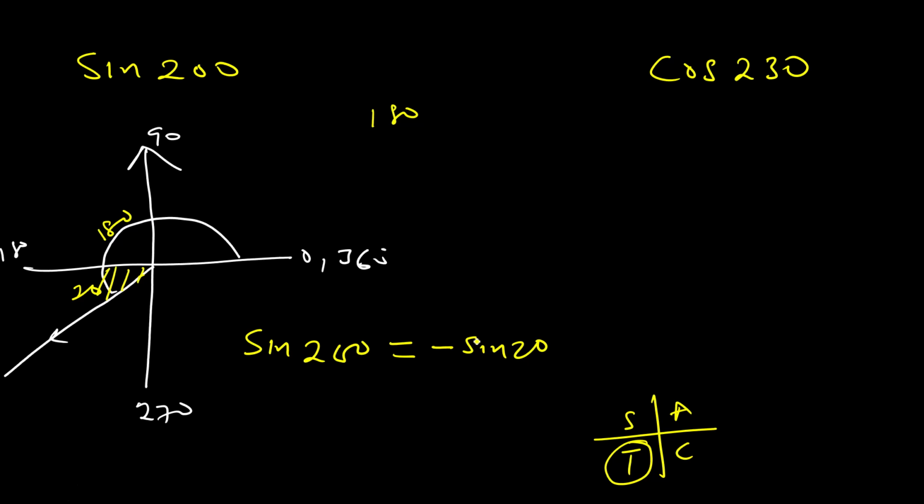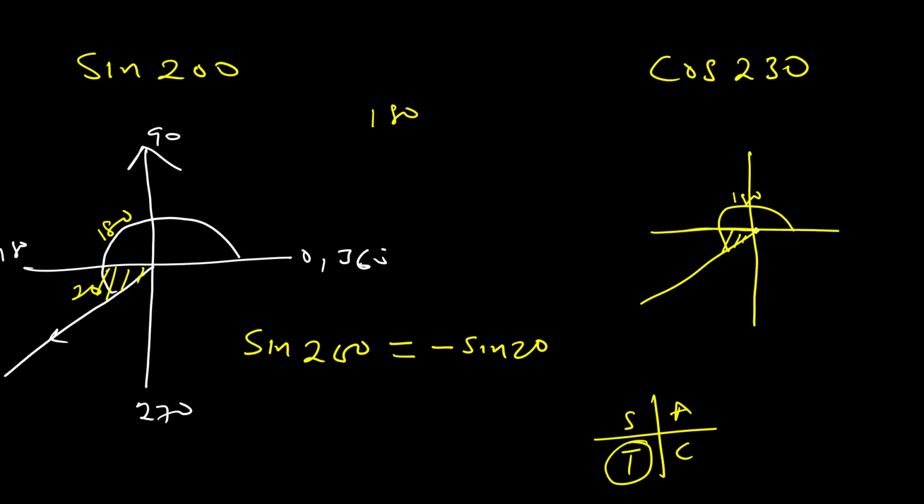Can you try cos 230? So try that. Let's see. Okay, so 230 also from here. So we need to measure this side. We know everything is 230, and from here is 180.